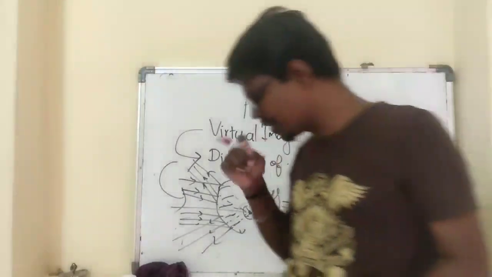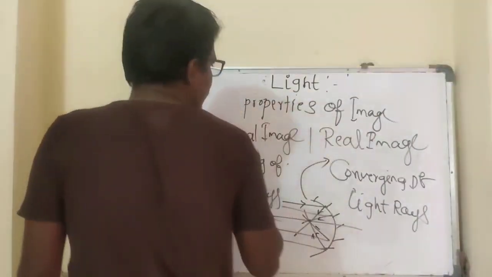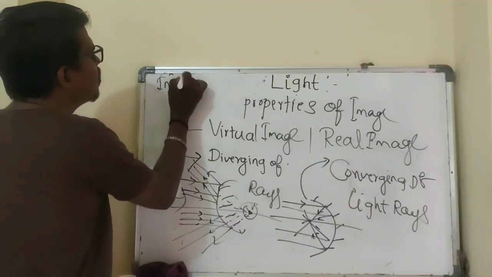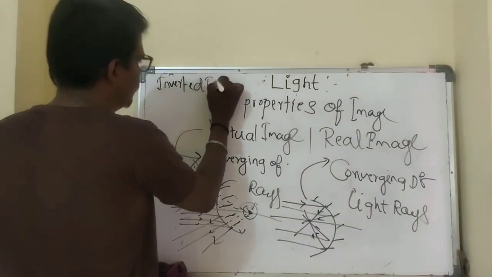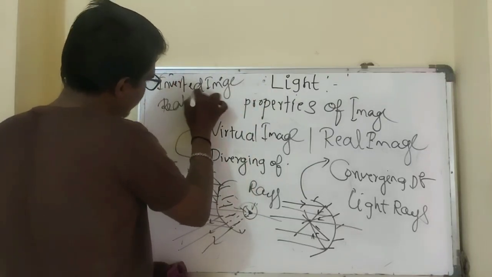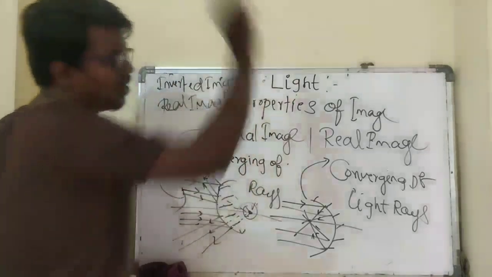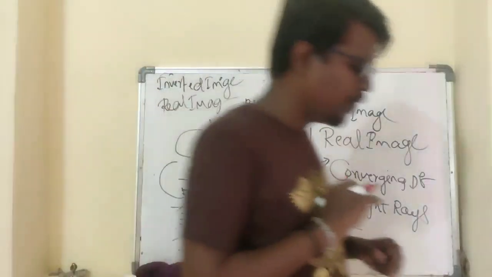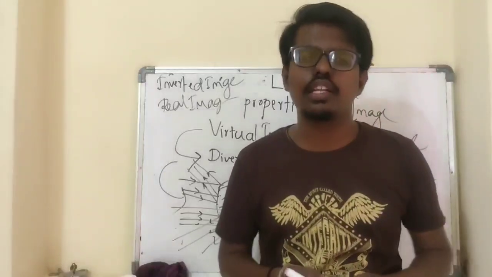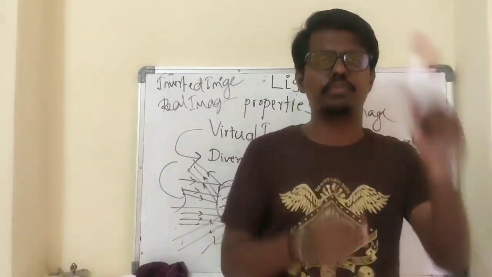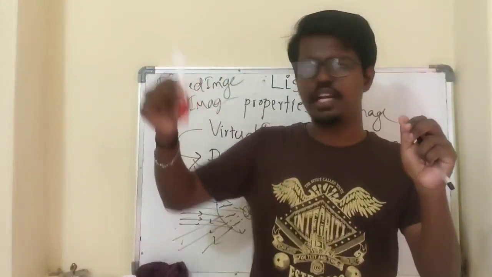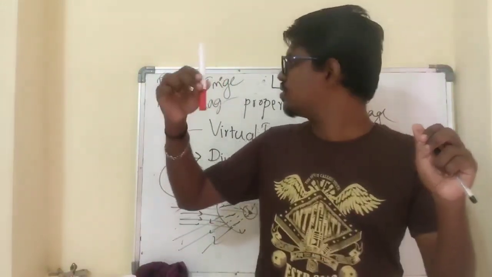Next, one more concept, another property: the inverted image and the erect image. Learning inverted and erect images is simple. Inverted means that the object is in this direction and the image will be vertically downward. This is the inverted image.